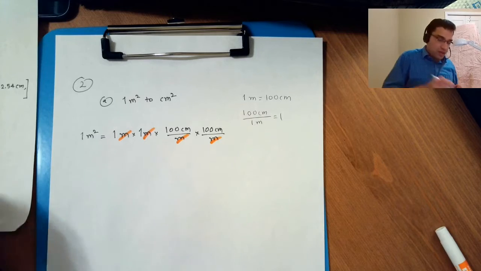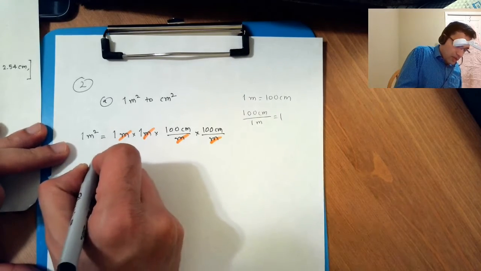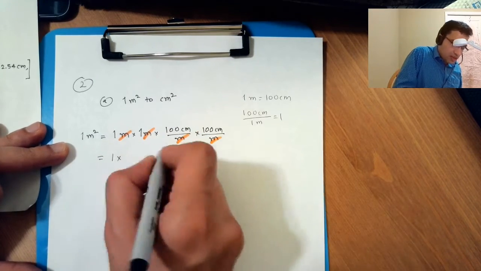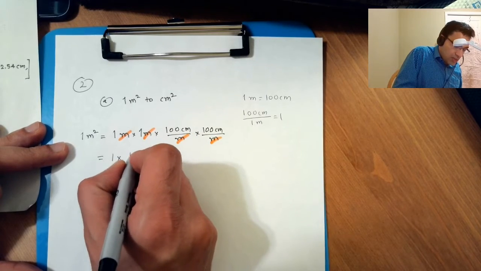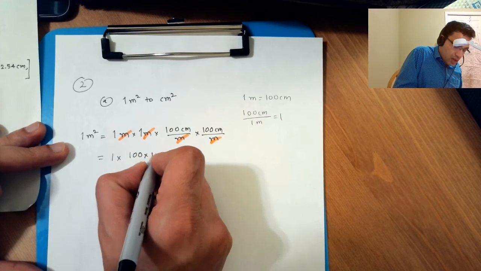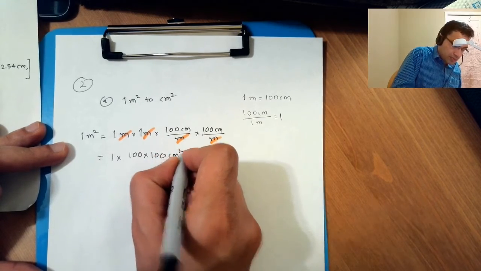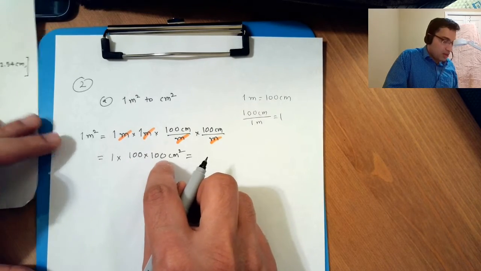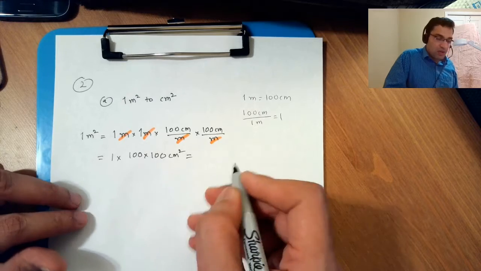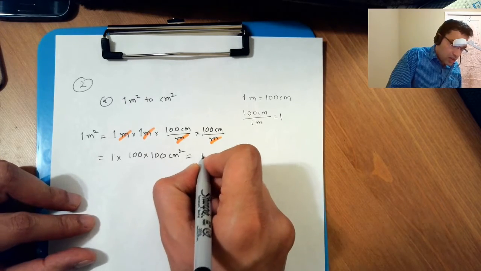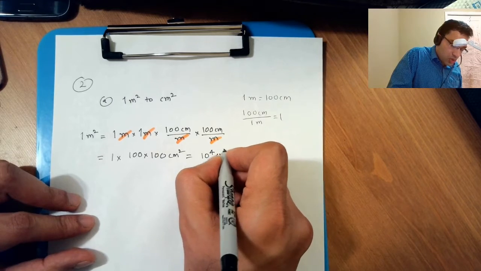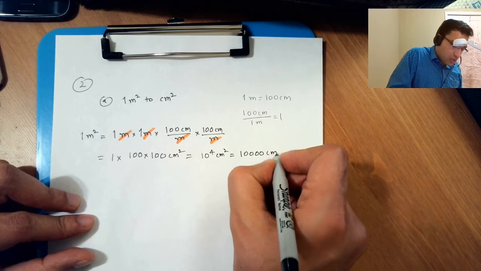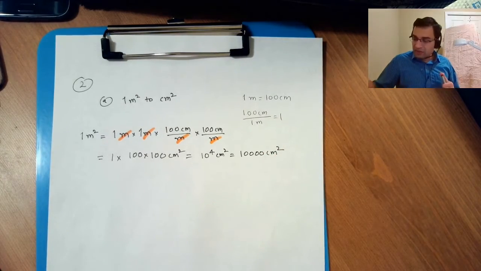So what you have here is 1 times 1, I won't write it here, times 100 times 100 centimeter squared, which is, by the way, 100 is 10 to the power 2. This 100 is also 10 to the power 2, so it's 10 to the power 4 centimeters squared, or you can just write it as 10,000 centimeters squared. Right, they're both correct.